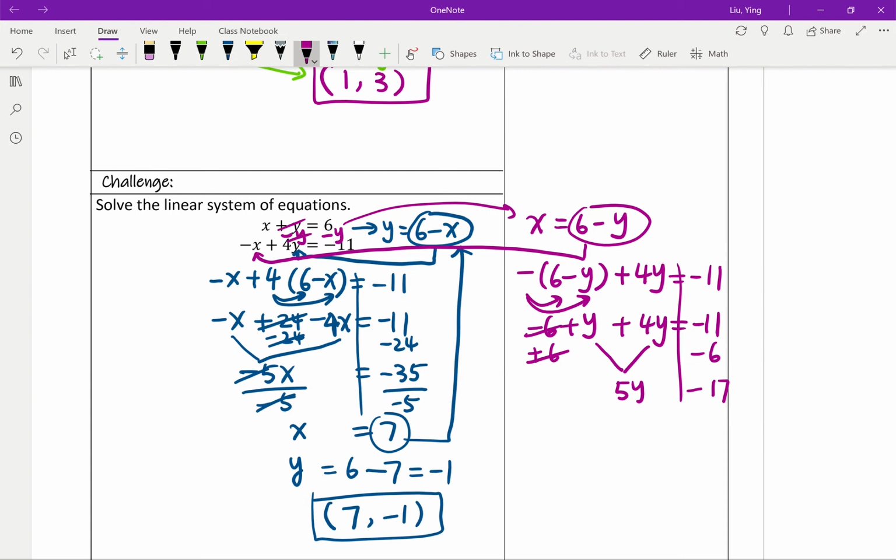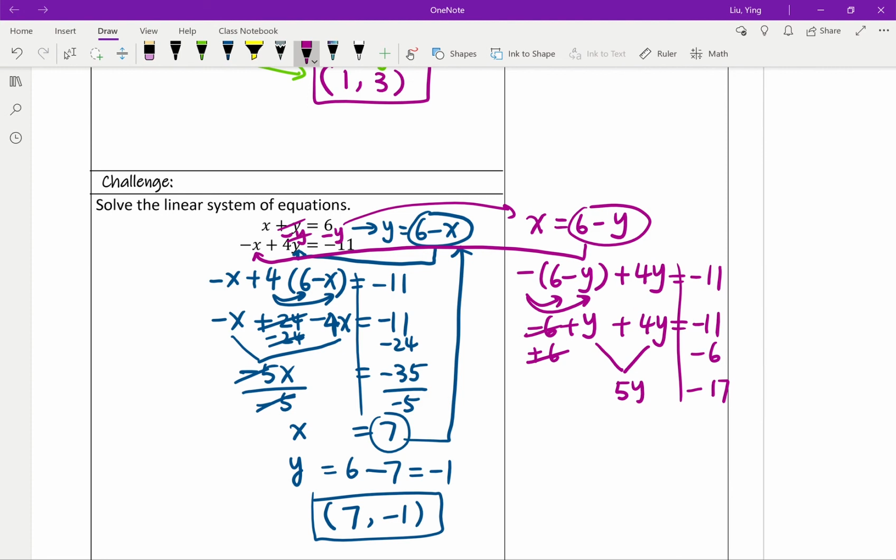Interesting. Did I make a mistake here? Let me check my numbers. So if you subtract y... I kind of can't find out where it went wrong. Can you guys find out where it went wrong?